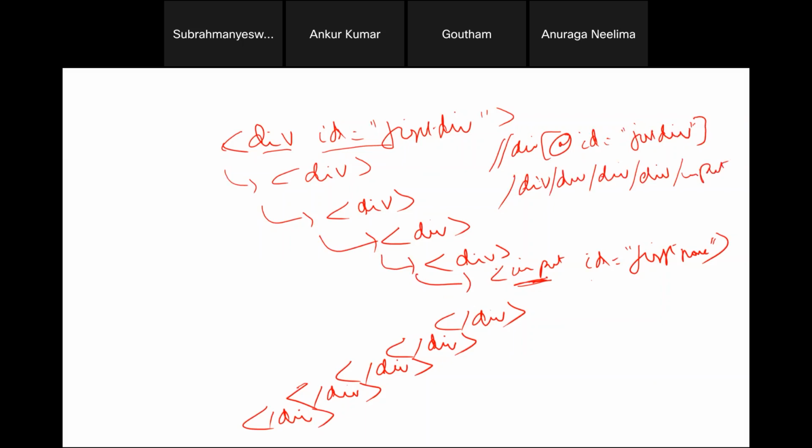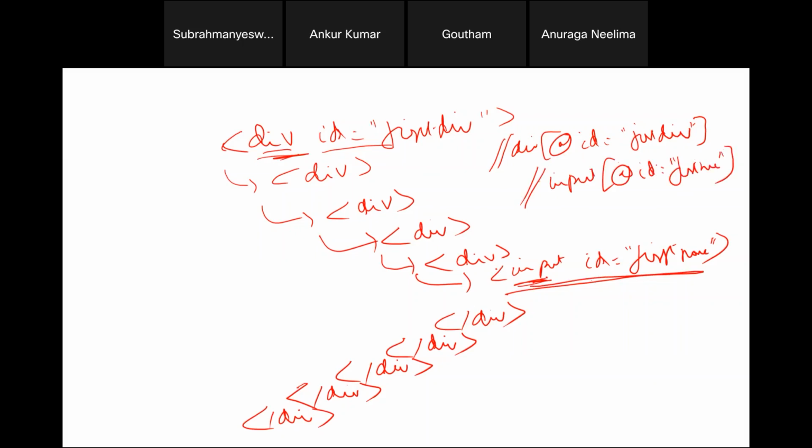Instead of writing all these things, because I would like to get this input tag in this div section, instead of writing this div tag many times for parent-child relationship, we can simply put a double forward slash after this one. We are writing another XPath here, input id equals to first name.